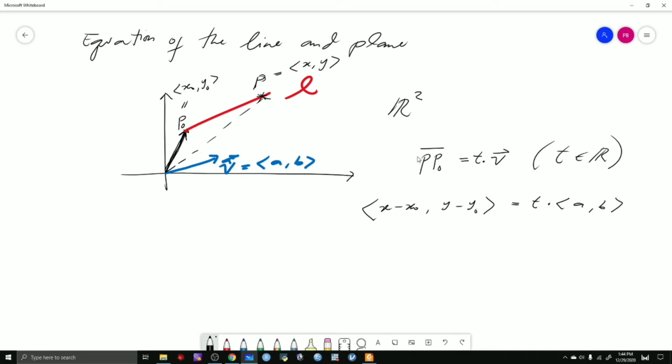So we get (x, y) minus (x0, y0) equal to, so I will multiply this t to this vector, we get (ta, tb).